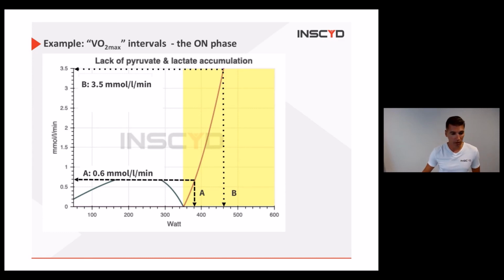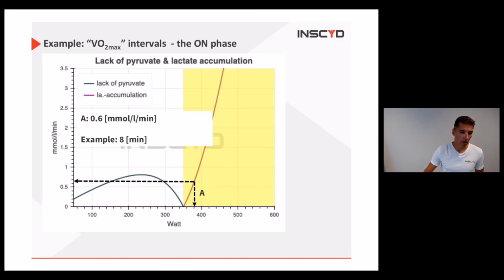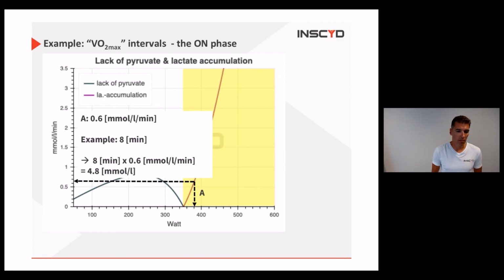Okay, so let's come up with an example. Example A, 0.6. It's just a little bit above threshold, right? Remember, threshold was 350 watts. Now this is 380, so it's just a little bit higher. So in this example, let's choose 8 minutes. In these 8 minutes, multiplied by 0.6 millimoles per minute, you will arrive at 4.8 millimoles above baseline.